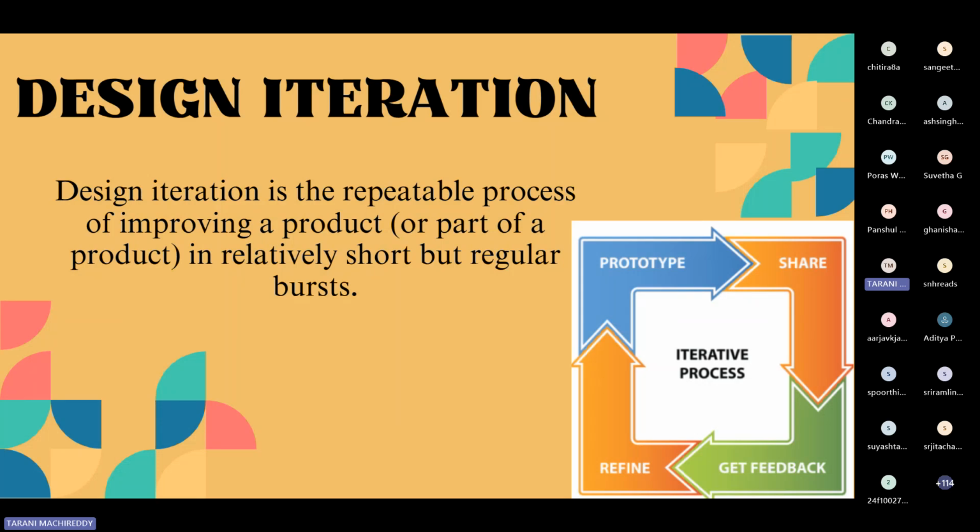In refining, we go through all the feedback, ideate on the main cause, and then create a prototype from that ideation. So this is a cyclic process, also called an iterative process. This is what design iteration means.